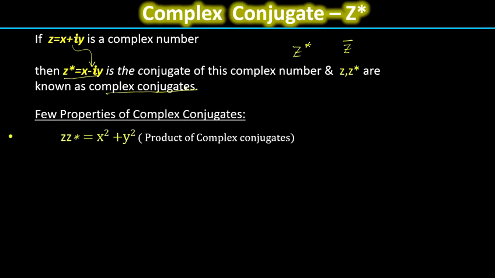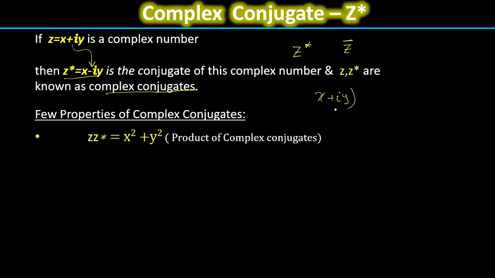Now you should learn a few properties of complex conjugates. I'm not going to detail the proof of these properties, but you should remember and memorize them, because these are commonly used when you solve questions from the book or past papers. Whenever you multiply two complex conjugates, you always get x square plus y square. Very simple to understand. If I have a complex number, this is my conjugate.